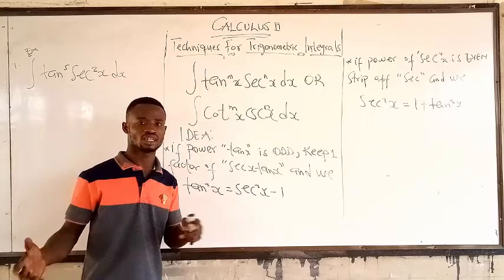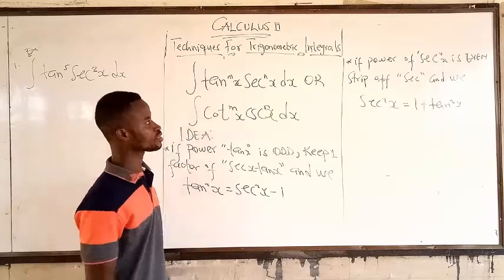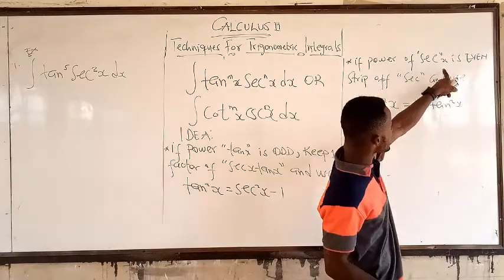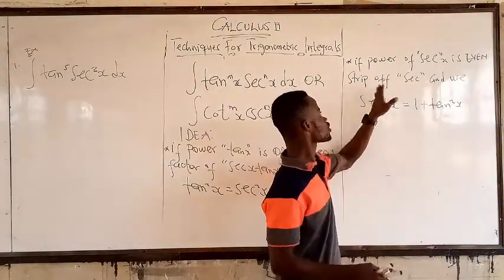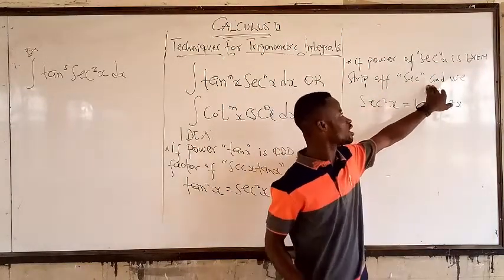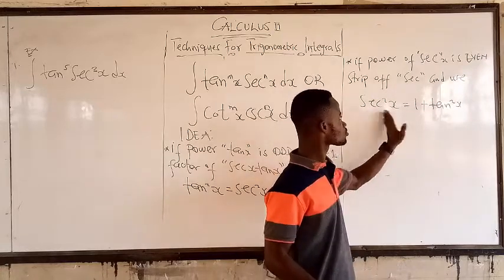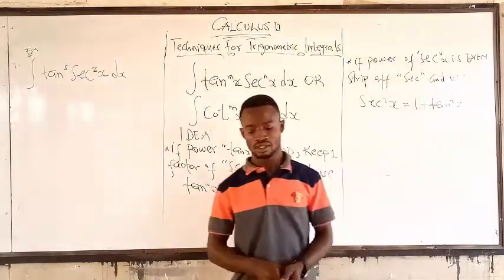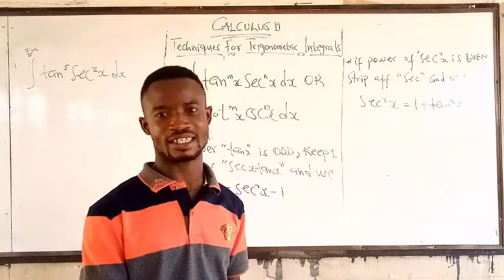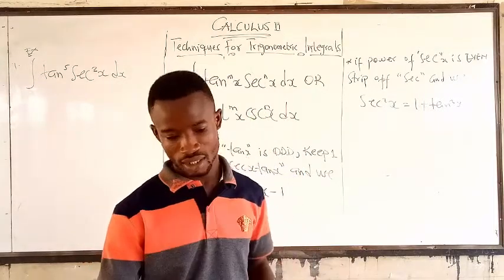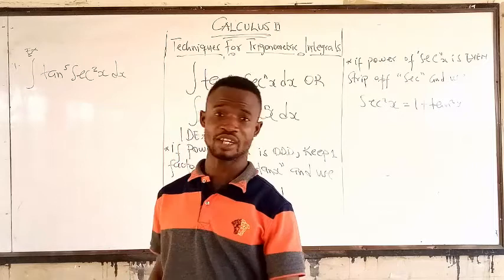You don't need to do both. If the power of sec is even, strip off sec squared and use that. That's what we're going to do. Let's look at an example and you will understand what I mean very well.